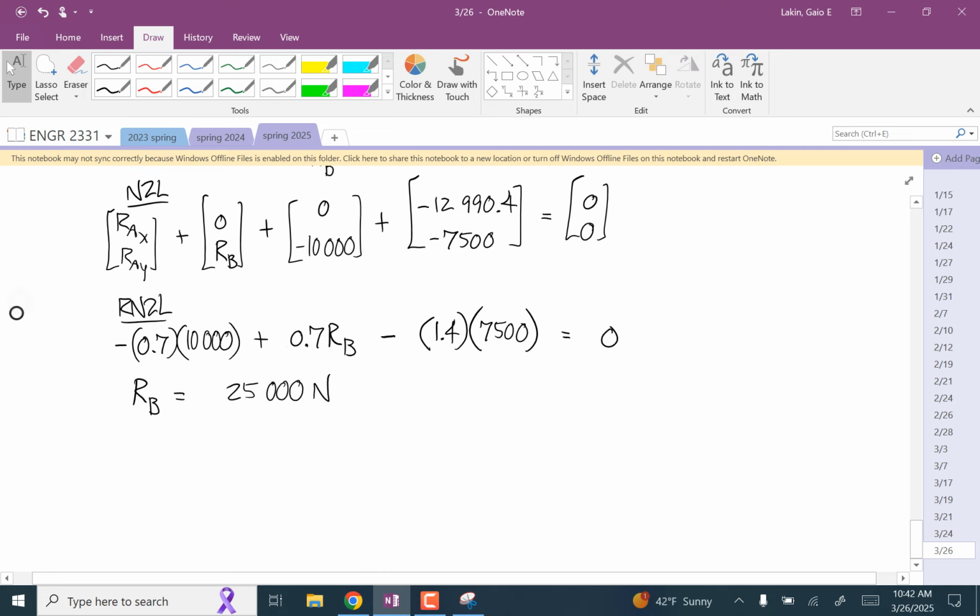And then RA plus 25,000 is equal to 17,500. So RA is negative 7,500. That is RAY.